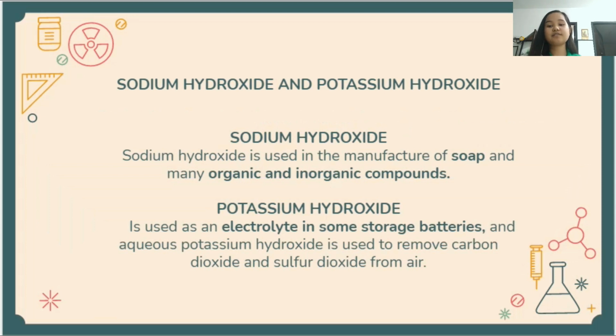Sodium hydroxide is used in the manufacture of soap and many organic and inorganic compounds. Potassium hydroxide is used as an electrolyte in some storage batteries, and aqueous potassium hydroxide is used to remove carbon dioxide and sulfur dioxide from air.